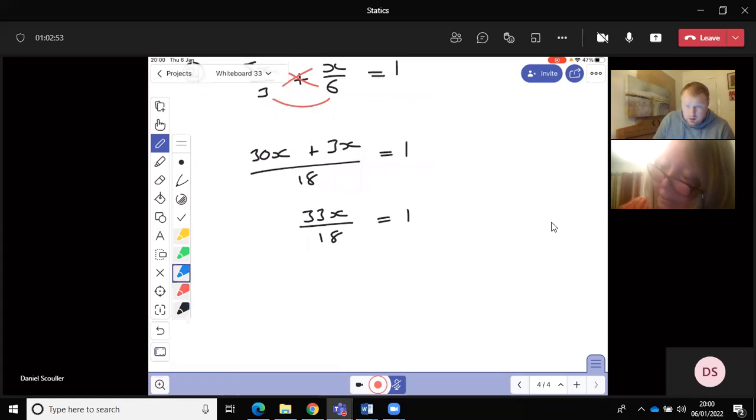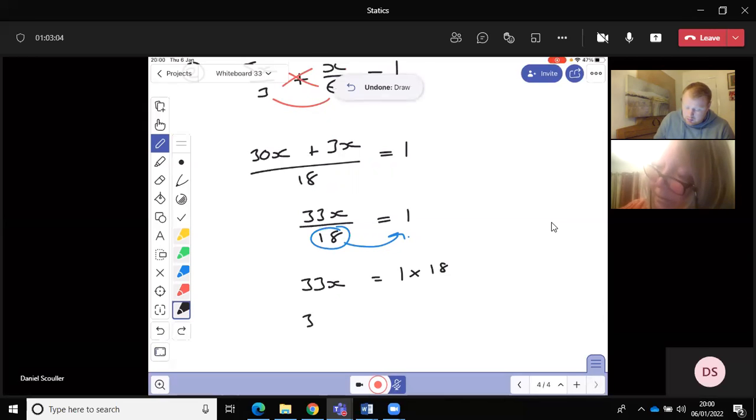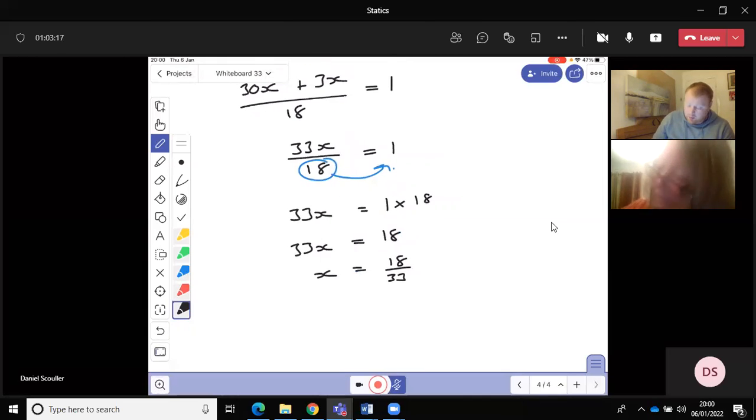That 18 wants to be moved across. If you get to that point, you're doing well. You obviously want to simplify that down. So we're looking for any number that multiplies into both.